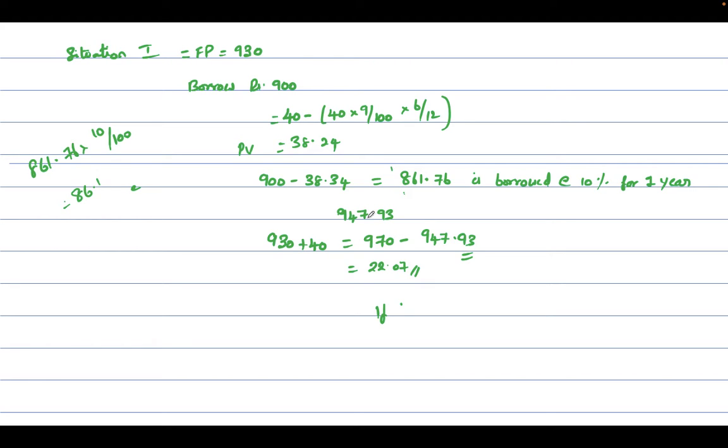So here what we say is, if forward price is more than the spot price, then we go for a short position. This is situation 1.